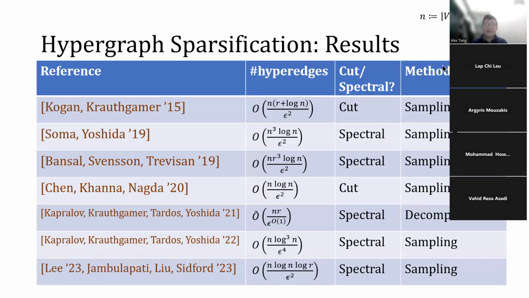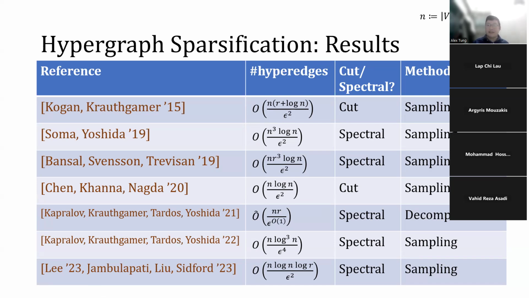For hypergraph sparsification, there are a lot of results, most of them sampling based. I just want to highlight two of them. The best cut sparsifier result is by Chen, Khanna, and Nagda. The number of hyperedges is n log n divided by epsilon squared.